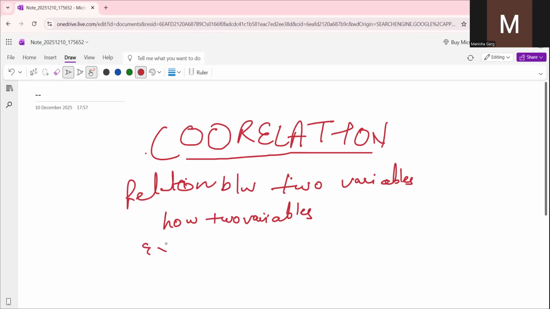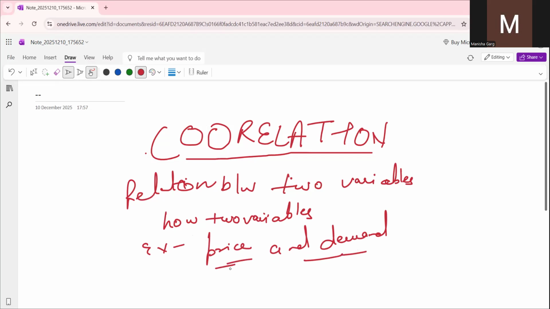For example, price and demand. Correlation tells us about the relation between these two variables.